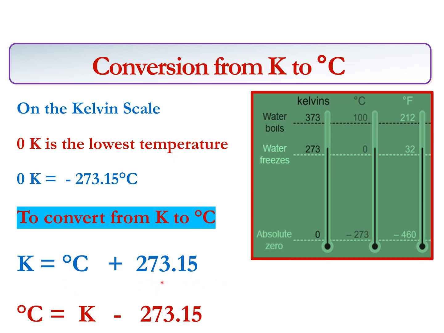From this formula, you can make degrees Celsius the subject, and you will get that degrees Celsius is equal to K minus 273.15.